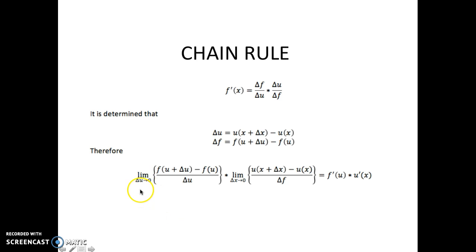Here you can see I applied a slightly different limit than I used in the previous exercises. I used the limit delta x approaching 0, but here I'm also using delta u. So all these numbers will eventually become my chain rule function.